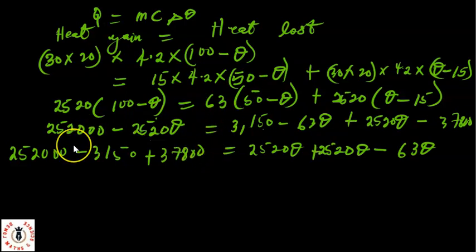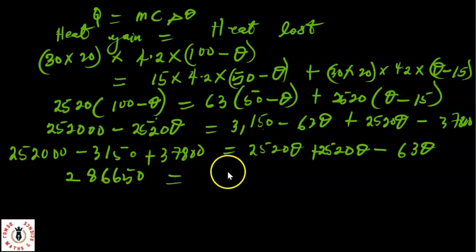Now this, if you sum up 252,000 minus 3,150 plus 37,800, that should sum up to 286,650. Now this is equals to, if you sum up the left hand side, 2,520 plus 2,520 minus 63, we should come up with 4,977 theta from my calculator.